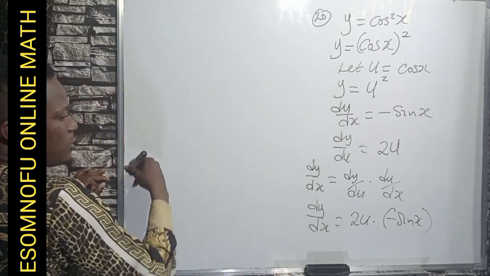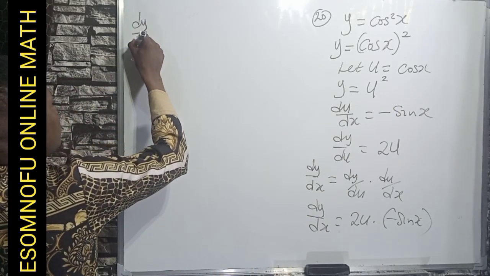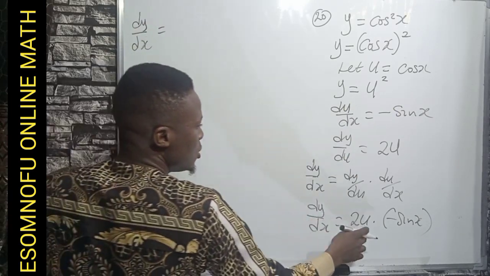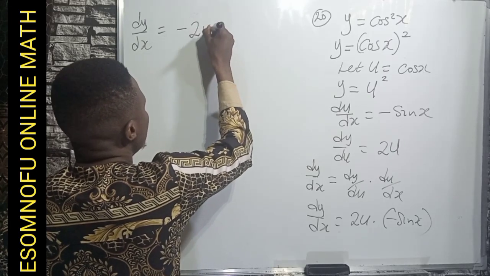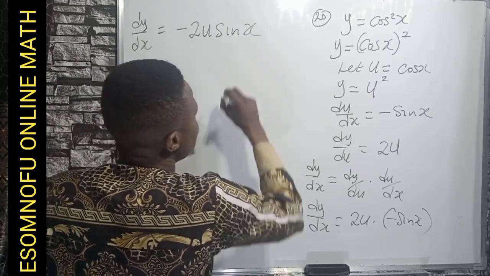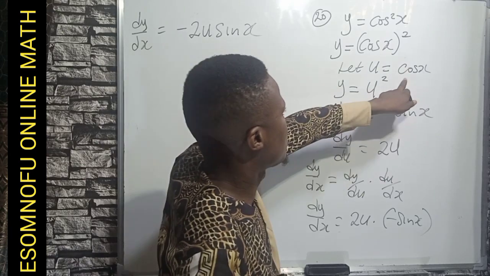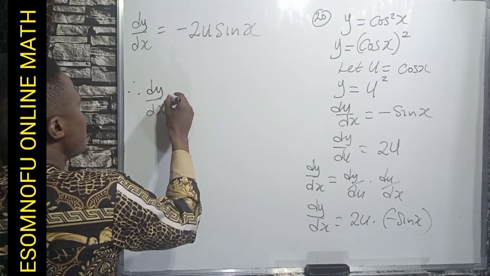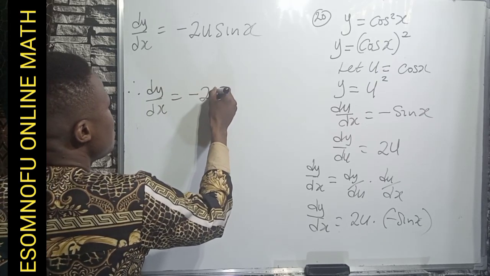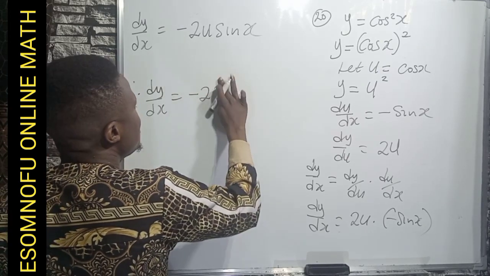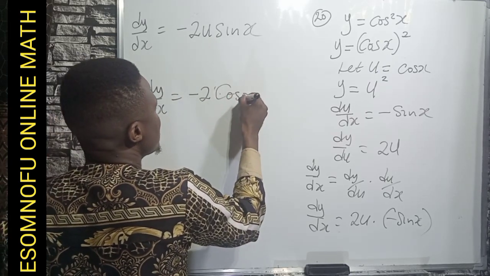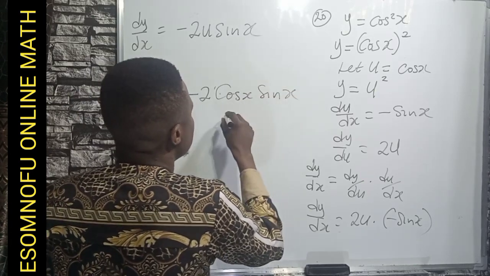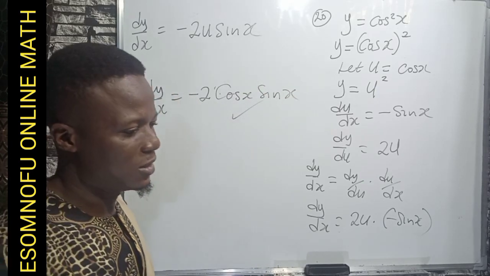If we take this product, we have that dy over dx is equal to minus 2u sine x. But what is our u? Our u is cos x. Therefore, dy over dx is equal to negative 2 cos x sine x. And this is the derivative of this particular function.